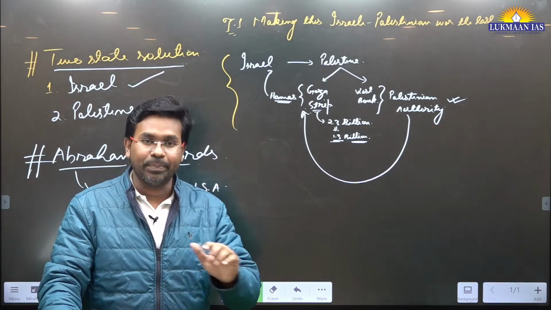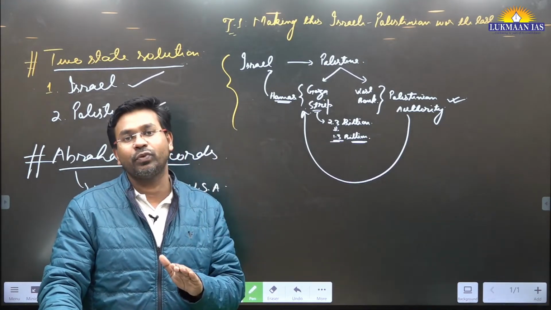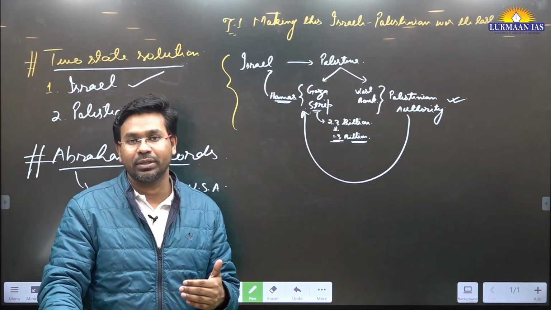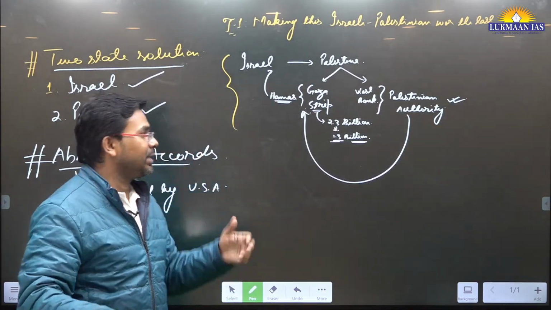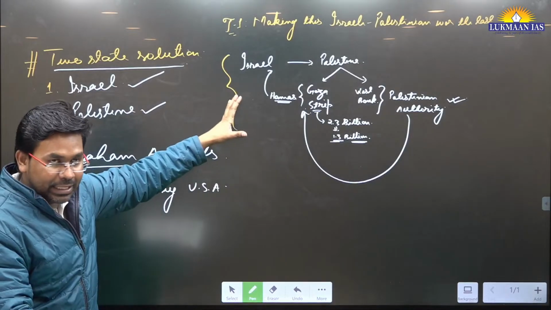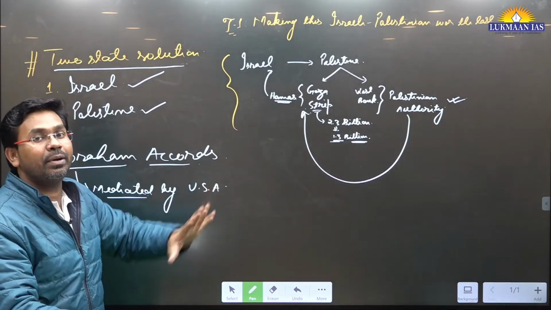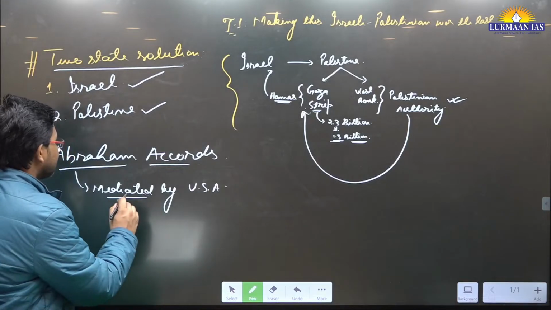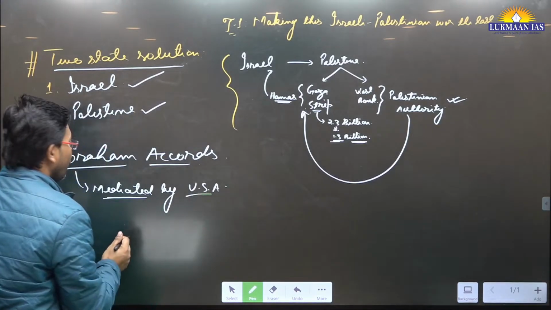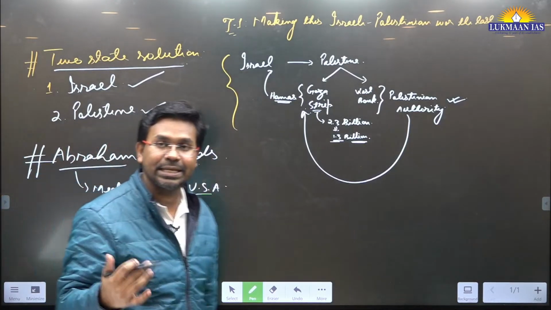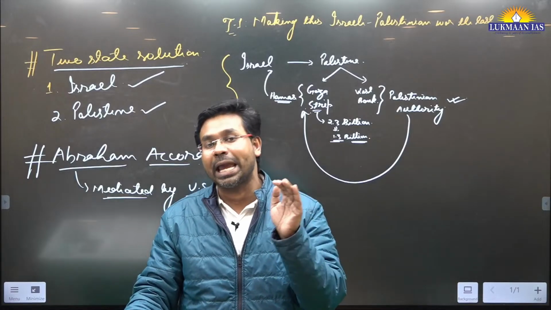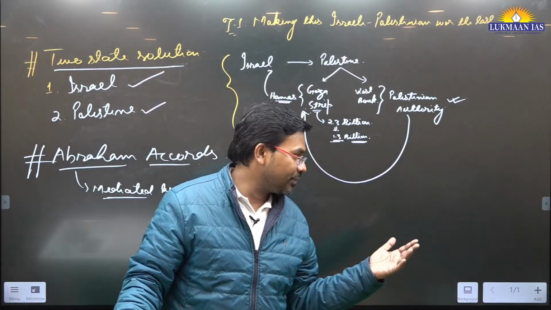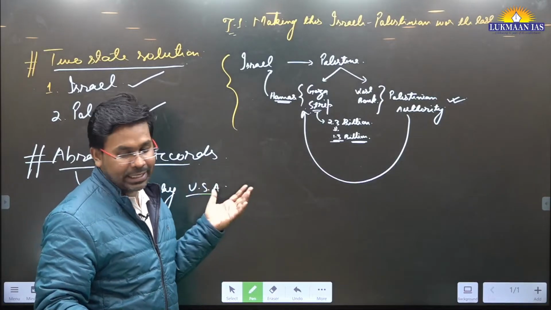People want Israel to stay peacefully, but Israel's military action, the Prime Minister's retaliation, is being condemned across the world. This should not have been done. The Abraham Accord was mediated by the USA, and in this article the author says it can play a role in pacifying the tensions in that region.